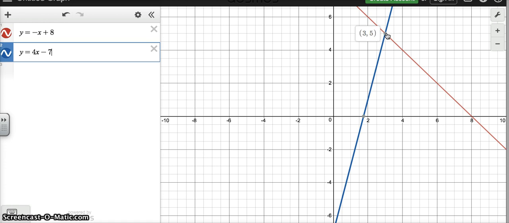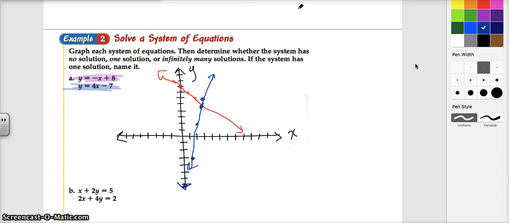What if it's like 2.1 and 5.7? How would you determine that? You'll see that it'll be really interesting for us to come up with different techniques to do this algebraically. So Desmos gave us the answer to be (3, 5). And so that's my solution, and I have one solution.